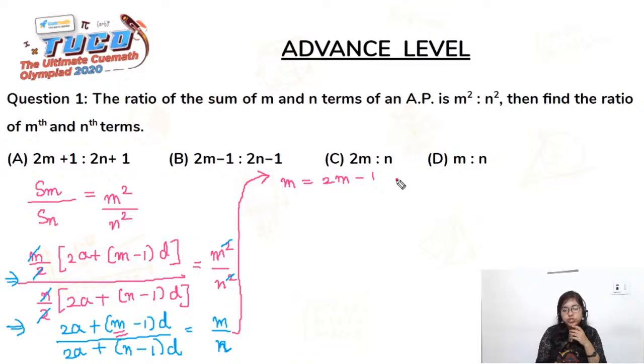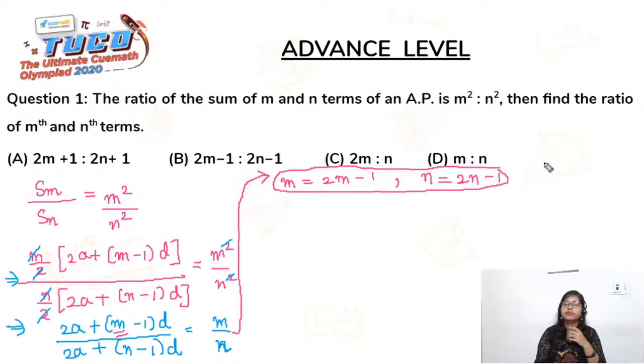This is just substitution. And in place of n, we can write 2n minus 1. So in place of m, we are going to write 2m minus 1, and in place of n, we are going to write 2n minus 1. The reason why we are doing this, you will be able to understand in the upcoming steps.